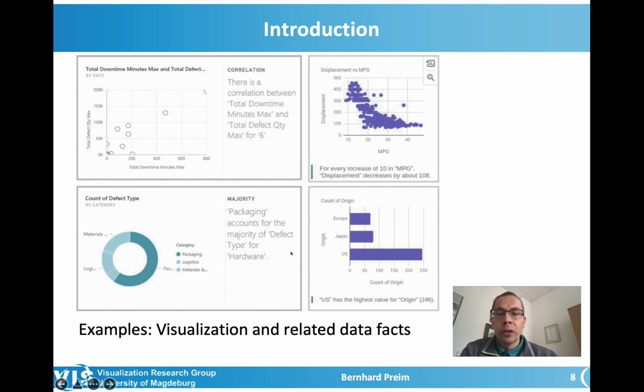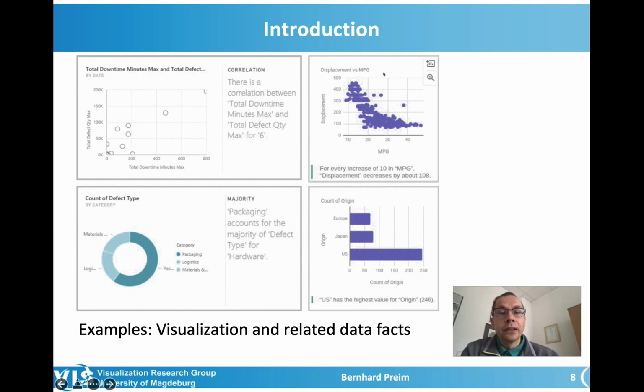Packaging accounts for the majority of defect type for hardware. Then it is displayed here how the defects distribute over different countries, with the US clearly leading before Japan and Europe.